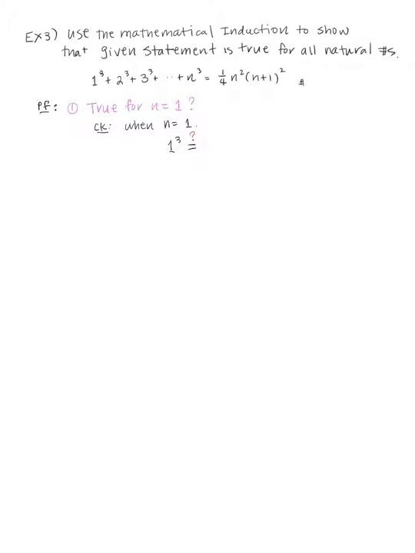Does it equal 1/4 times 1 squared times 1 plus 1 squared? I think that's true because this is 1 equals, what is it? This one's going to be 2 squared, so that's 4. 4 over 4 is 1. So 1 equals 1. Alright, so therefore, the statement is true for n equals 1. Now step 2, assume that the statement is true all the way up to n.